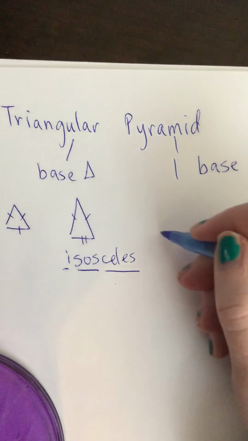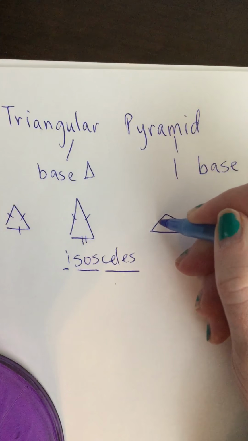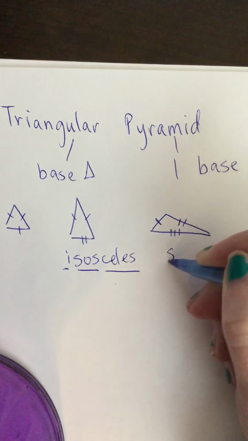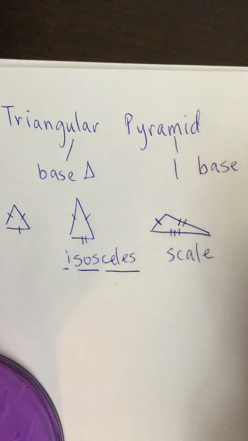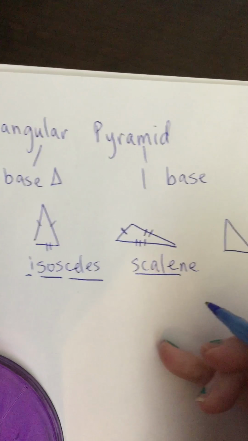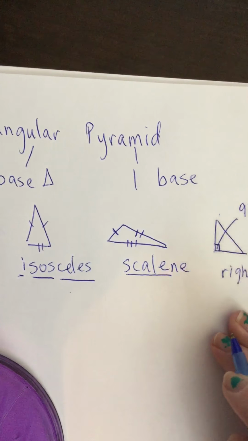It could be scalene, where all the sides are different. Scalene has the word scale in it, and then N-E. Or it might even be a right triangle. And I hope it is a right triangle, because if it has a right triangle, we have that height immediately. And this is called a right triangle because it has a right angle right there of 90 degrees.